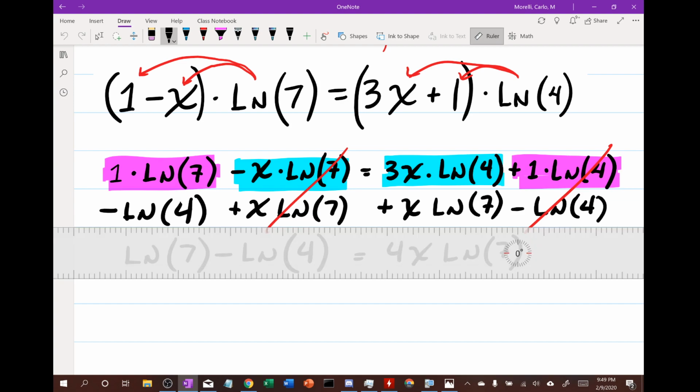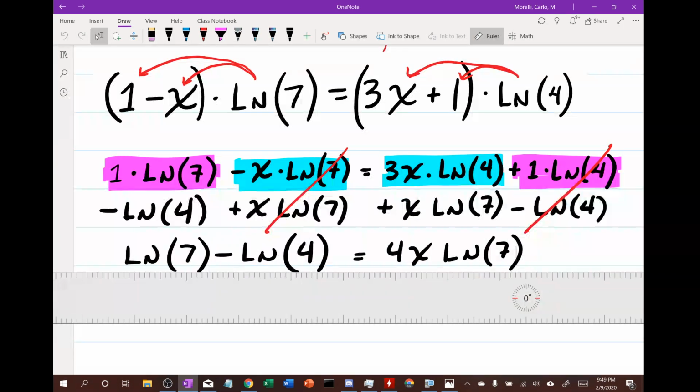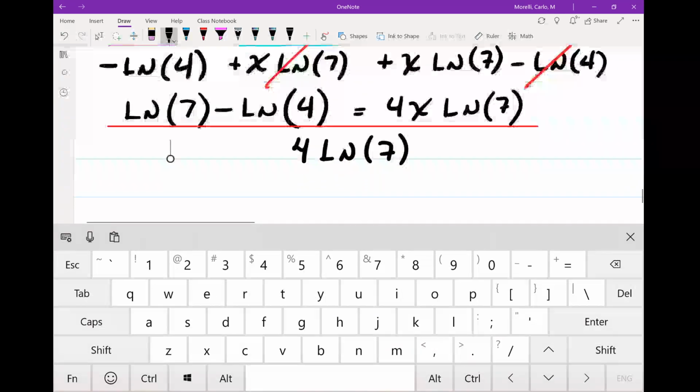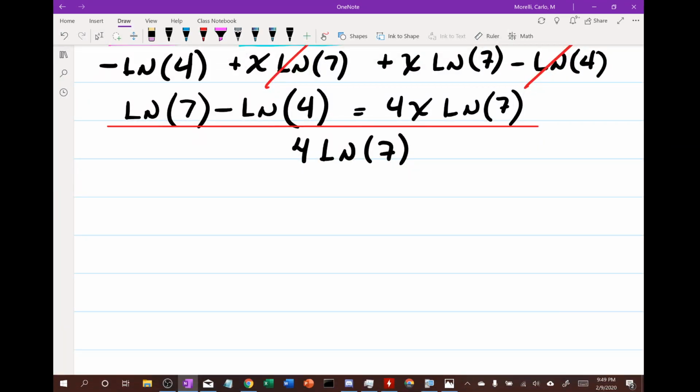And now all we have to do is divide the entire equation by 4 ln of 7. Okay, I got it now. So, oh wait, there was something we were supposed to factor out an x. Oh, I bet I wasn't allowed to do that.